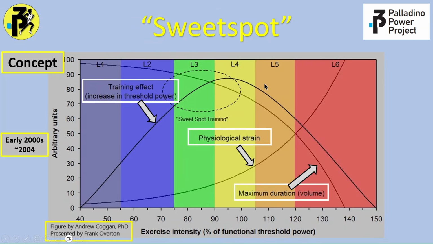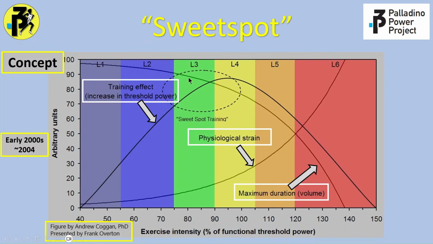So you might even say that the oval could possibly be presented, if you look at only the training effect, as extending from maybe mid 80% of CP to midway between 100 and 110% as the highest training effect.